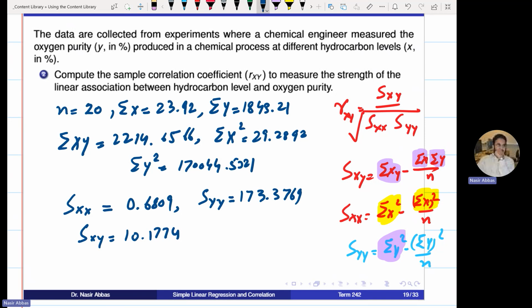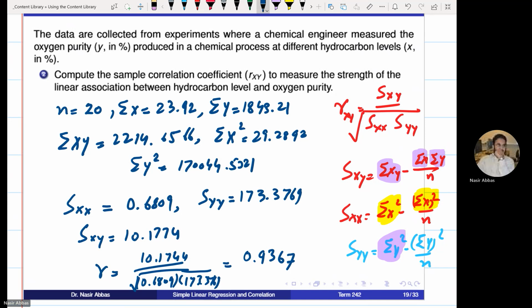When I plugged them into the formula of correlation, R came out to be 10.1774 over the square root of 0.6809 multiplied by 173.3769. And this gave me 0.9367. What do you say about this number?